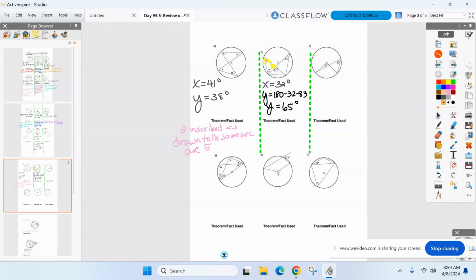Let's see, what did we use here? What circle fact? How do we get X equal to 32? Again, two inscribed angles drawn to the same arc are congruent. All right, you guys get to angle X now. On part C, you guys get to angle X.